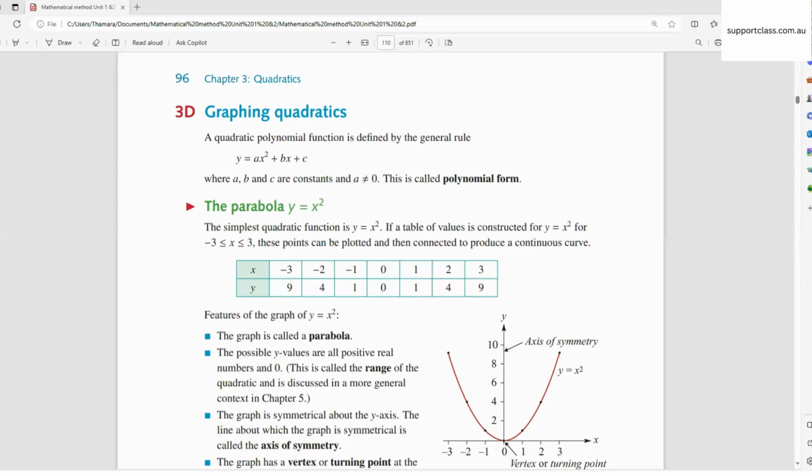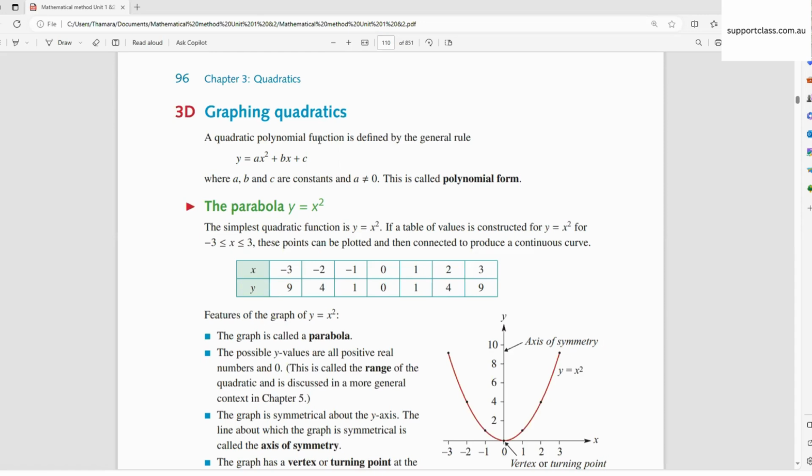Today we are going to talk about quadratic equations. When you say quadratic equations, it has a polynomial function like this: y is equal to ax square plus bx plus c.